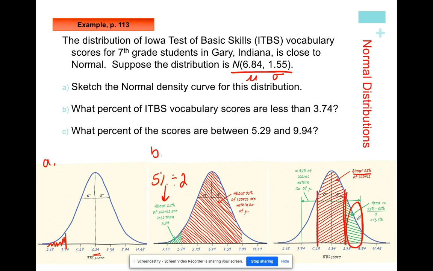In order to figure out what that's going to be, within 2 standard deviations, so 3.74 to 9.94, that's 95%. But we've already accounted for this 68. So we're going to take that 95%, subtract the 68% off, but then we only want the top half. So that's this 13.5 here. So that 13.5 plus the 68 gives us what's between those 2 values.